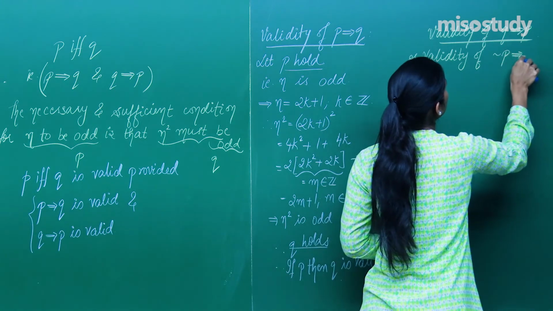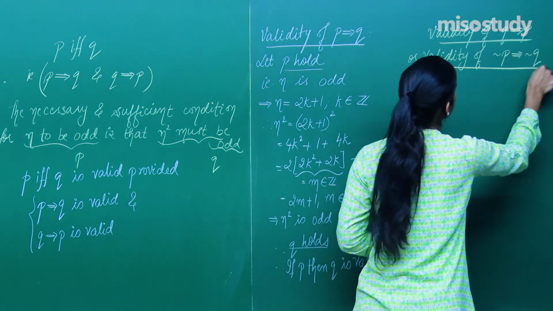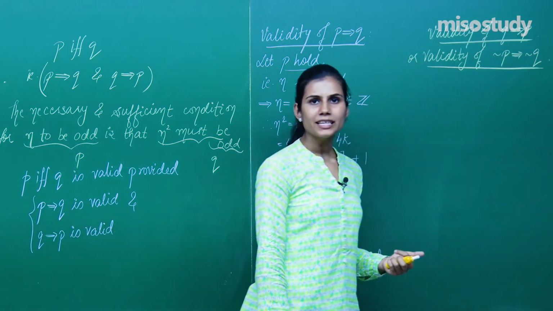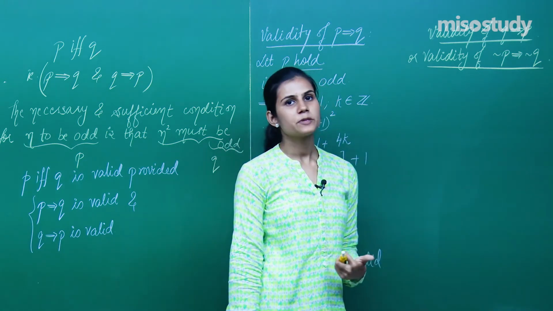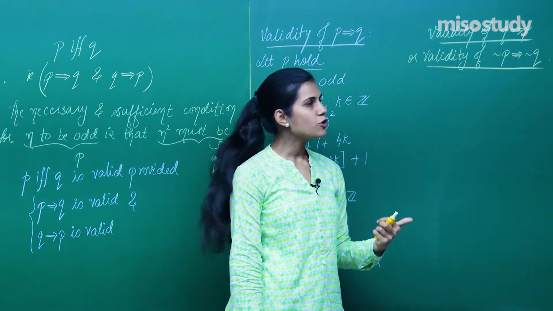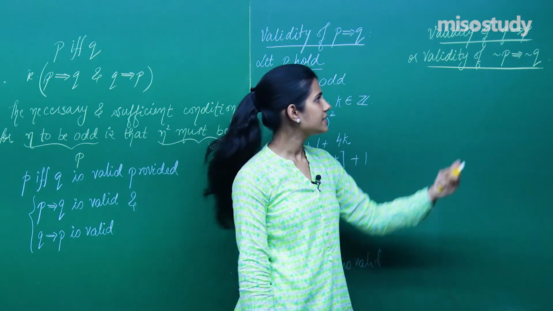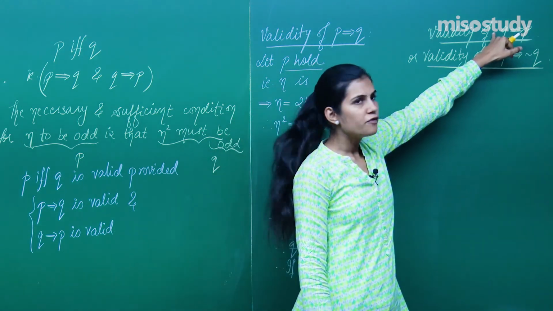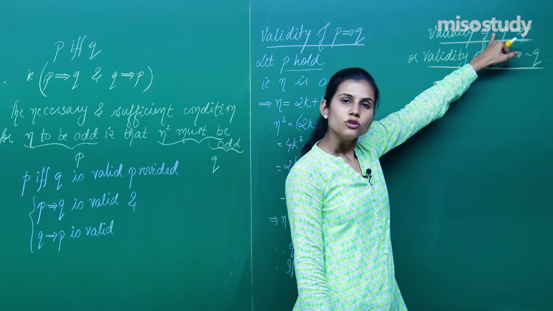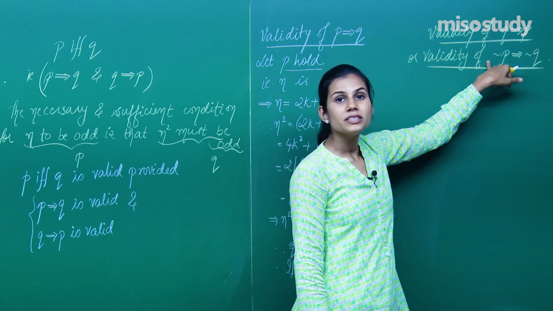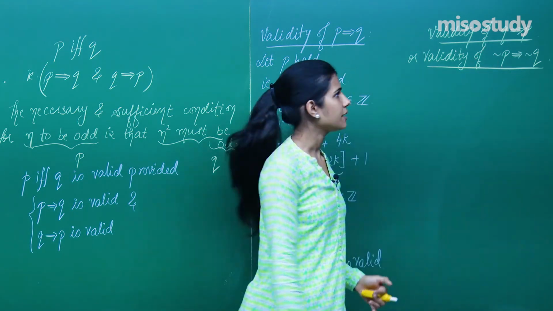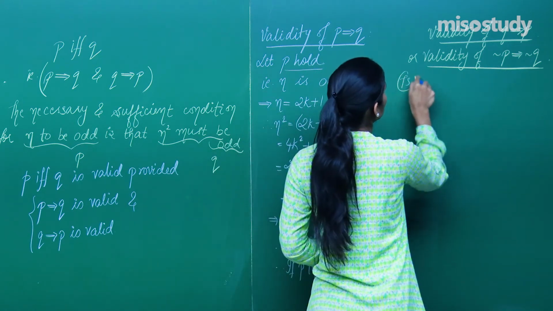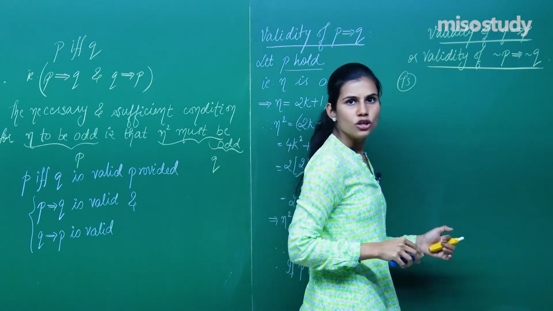Not P implies not Q. If not P implies not Q is valid, clearly Q implies P is valid. If not Q implies not P is invalid, Q implies P is invalid. It's the exact same thing said in a different fashion. That is, you prove the validity of the if-then implication, or you prove the validity of its contrapositive, it's exactly the same. So I have to show not P implies not Q.